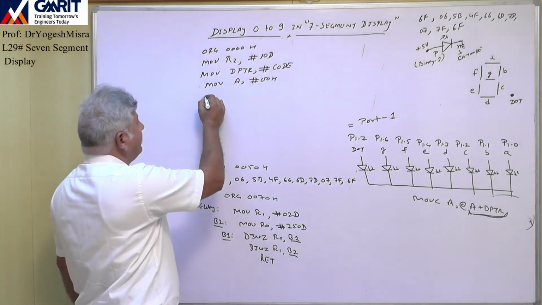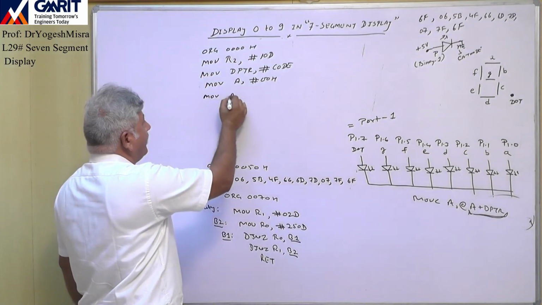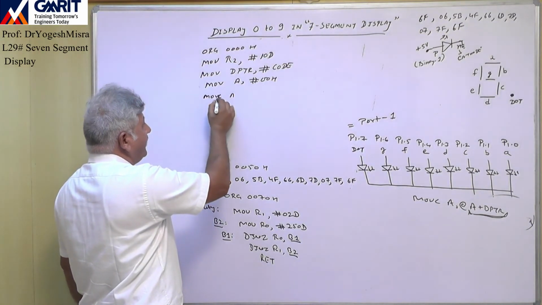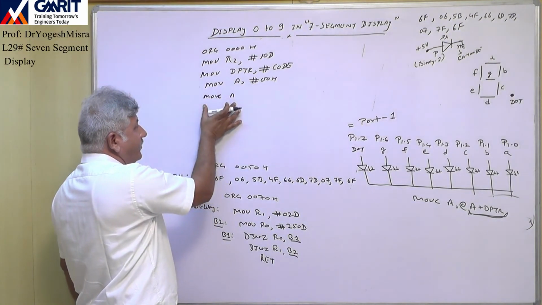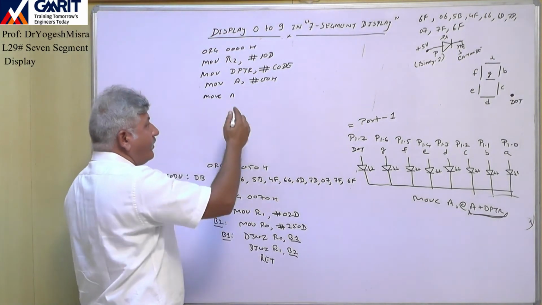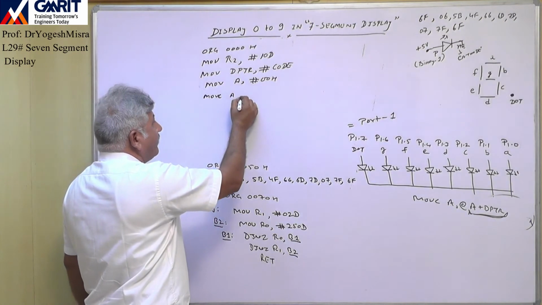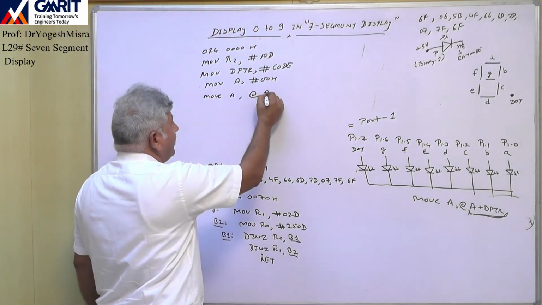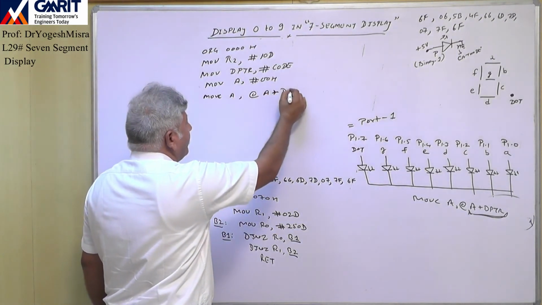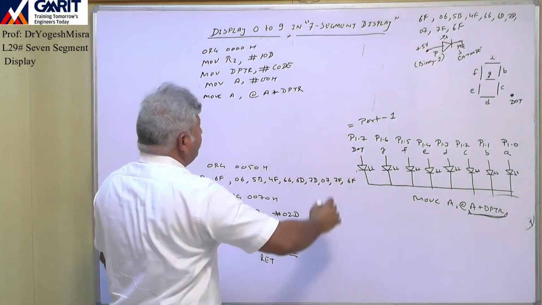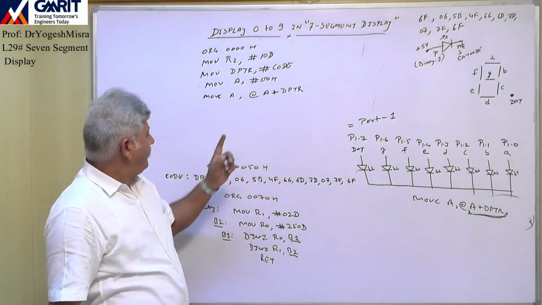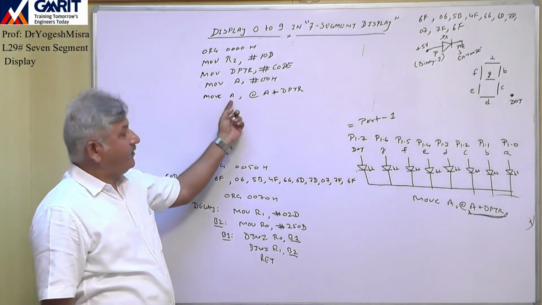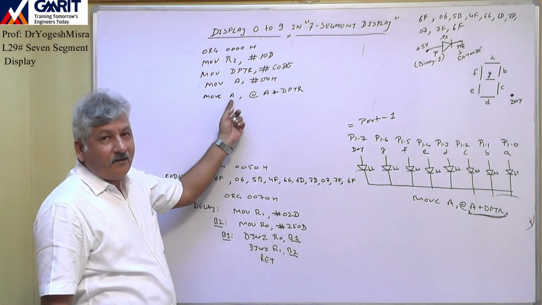After this I will write the instruction MOVC. C indicates that we are going to retrieve the data from code memory, A, @A+DPTR. With this instruction, our first code is in the accumulator.